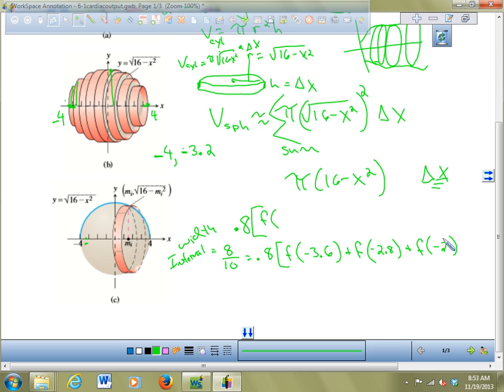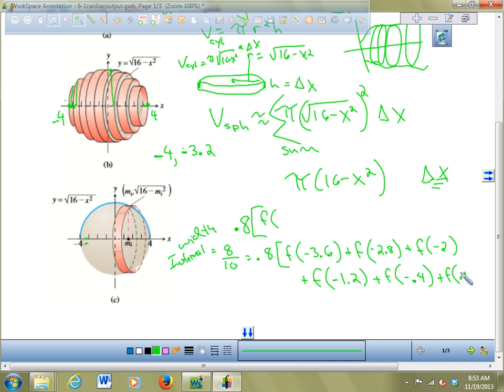Negative 2, because it's 0.8 away from there, right? And the next one is going to be at negative 1.2. And the next one is going to be at negative 0.4. Where's the next one going to be?